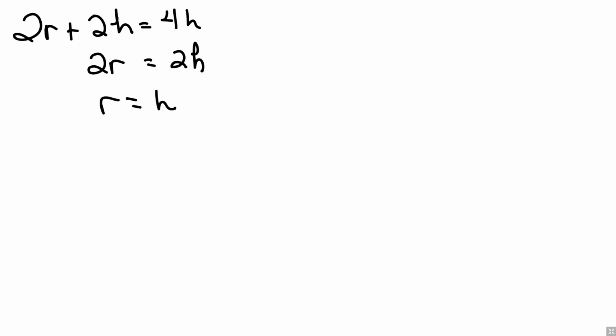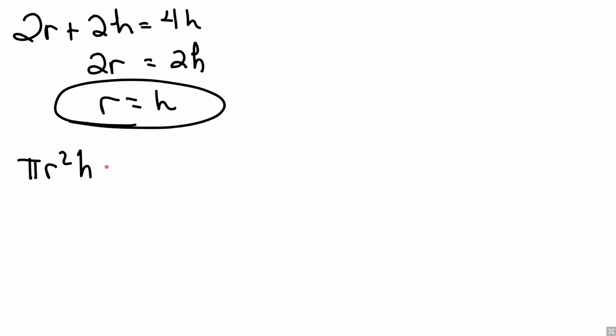So I know that r and h have to be equal. I'm going to use this information and put it into the volume formula. We had pi r squared h minus 16 is equal to 0, and r is equal to h.